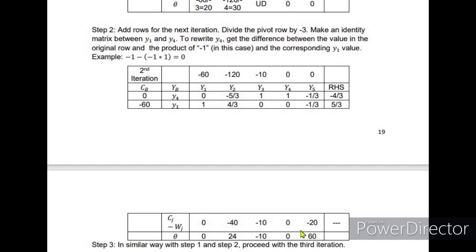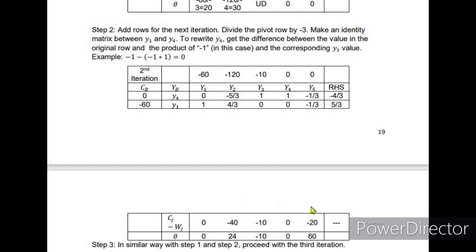For the computation of theta, you will just divide these values of c sub j minus w sub j by the corresponding elements from our chosen row. So negative 40 divided by negative 5/3 is equal to positive 24. And negative 10 divided by 1 is negative 10.